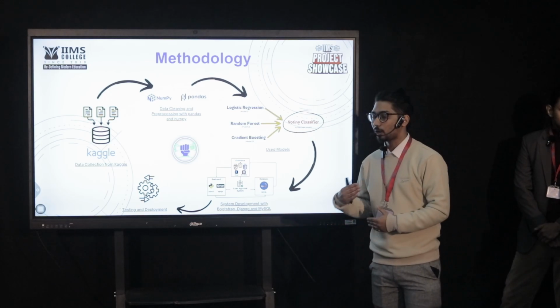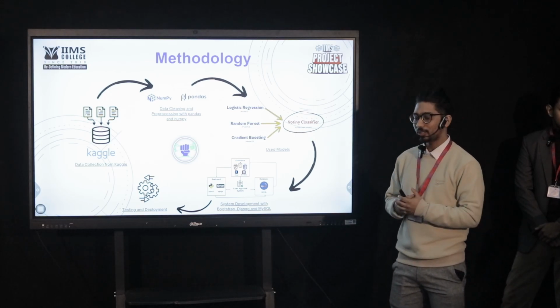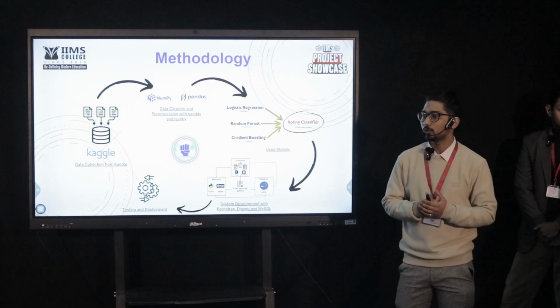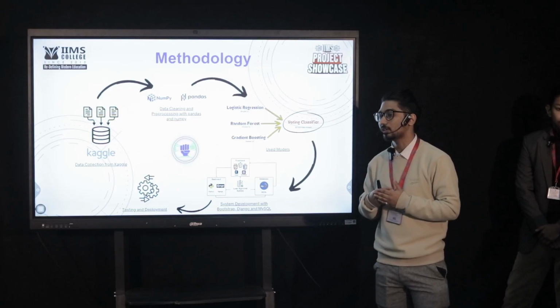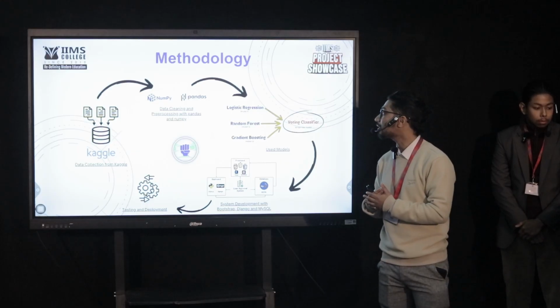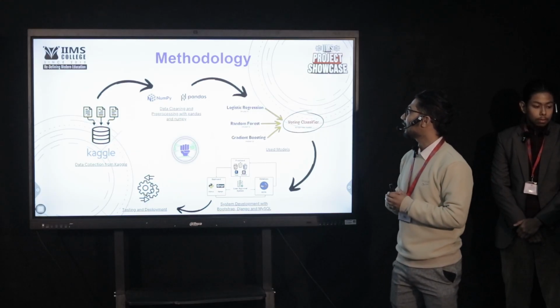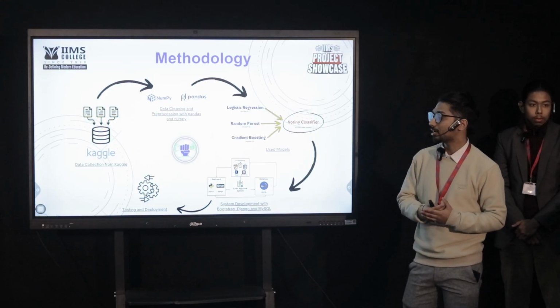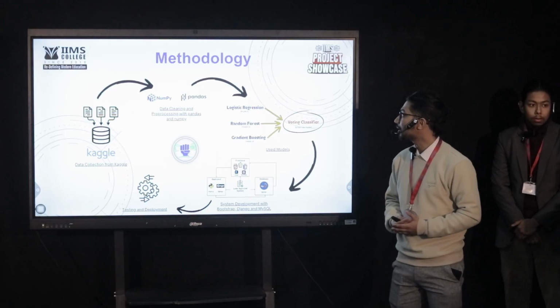Now the methodology. How did we make this system? We collected a simple data set from Kaggle. It was a US-based data set that consists of different features such as number of dependents, credit score, and information about your assets. Then we cleaned and pre-processed the data set using libraries such as NumPy and Pandas.